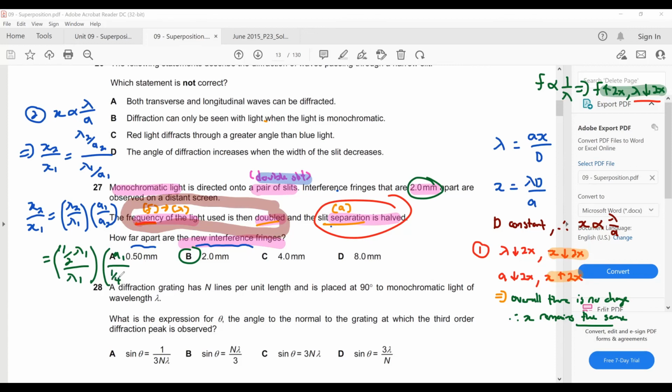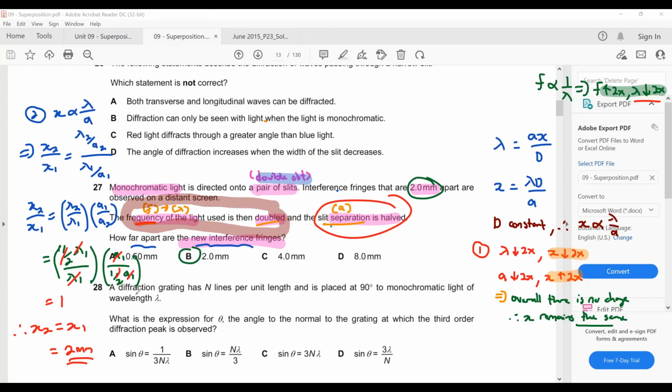Eventually they all cancel off. Lambda will cancel, A1 will cancel, half and half will cancel, giving you just 1. Therefore, X2 equals X1 equals 2. No change.